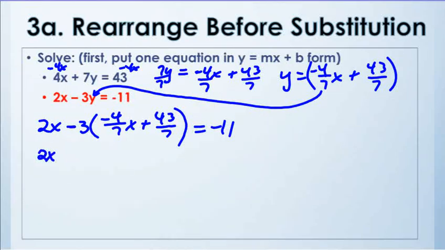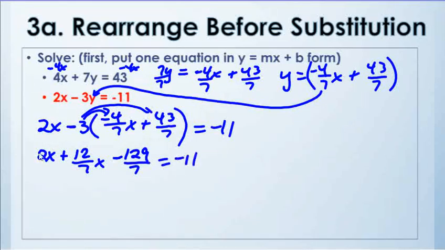So right now I have 2x, distributing the negative 3, that gives me a positive 12 over 7x. Negative 3 times 43 gives us a negative 129 over 7. And this has to equal negative 11.